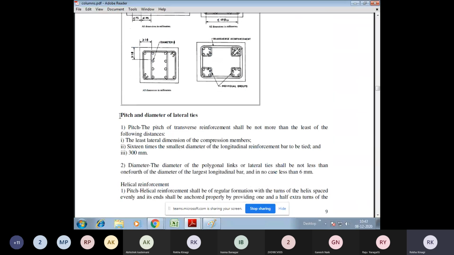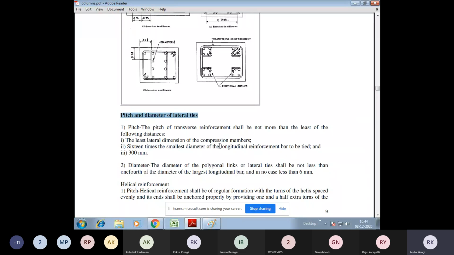Coming to the pitch and diameter of lateral ties: how should we decide this pitch and diameter? The pitch of the transverse reinforcement shall not be more than the least of the following distances: the least lateral dimension of the compression member, 16 times the smallest diameter of the longitudinal reinforcement bar to be tied, and 300 mm.